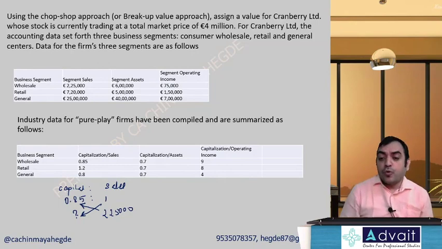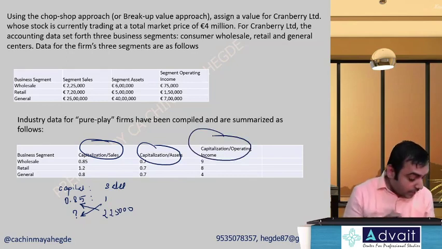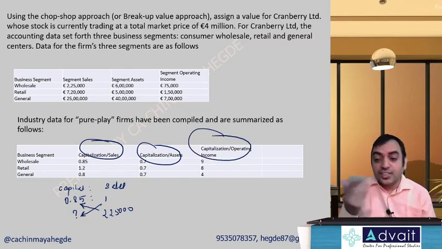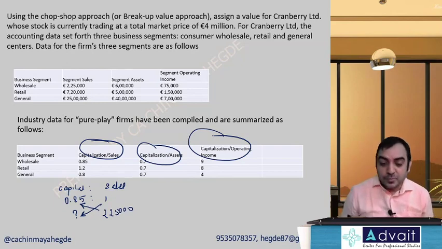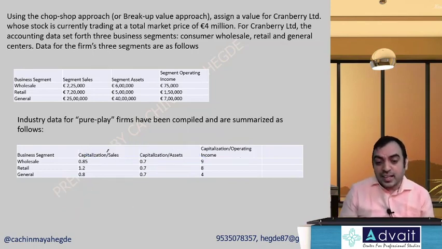In some problems, what happens? They don't give capitalization to sales. They give sales to capitalization, assets to capitalization, operating income to capitalization. In that case, what do you do? Very simple. Don't multiply by 0.85, divide by 0.85, or you can take the reciprocals.